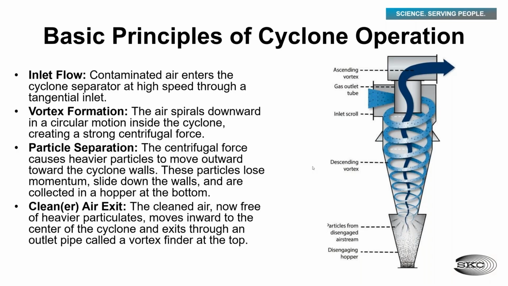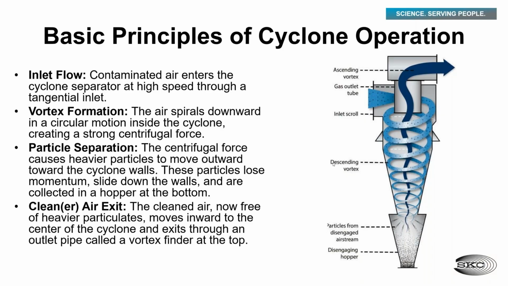From that point, the larger particles are flung to the outside, and due to their inertia and larger size, they hit the side of the cyclone, start to slow down, and then slowly spin out and are collected in what we call the grit pot at the bottom of the cyclone. On the other hand, the smaller particles remain suspended in the air, and they travel up through and exit the cyclone onto our filter.